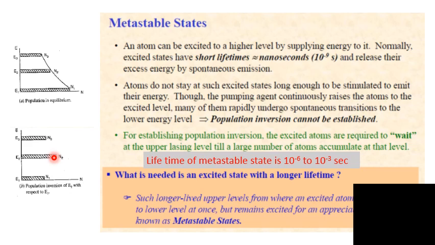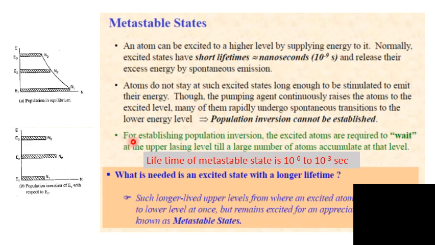It means that population inversion is not a state that lasts forever. If we want to keep population inversion, then we have to keep our pumping mechanism always on. This pumping mechanism will keep the population inversion constant over there. Therefore, we say that population inversion cannot be established forever.